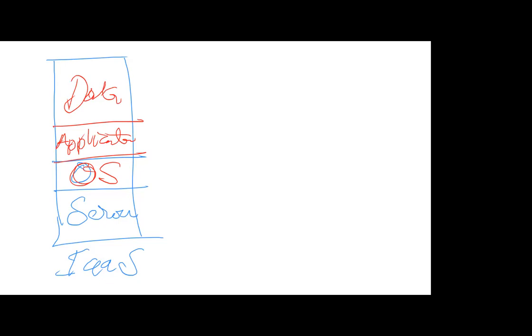These are your environment. If you want to run a vulnerability assessment against your responsibility, which is highlighted in red, it's easy. You can have a VM, put the vulnerability tool on it, and run it. No problem.